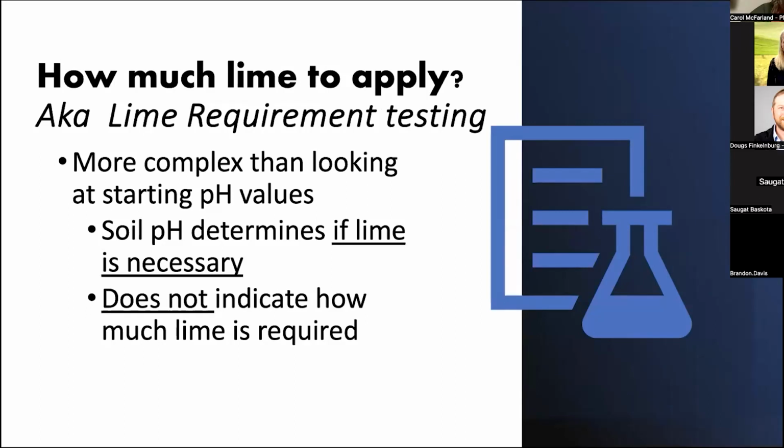So that question, how much lime to apply, led me down a whole new rabbit hole that is called lime requirement testing. So this is more complex than looking at starting pH values. I'll show you some figures of that a little bit farther down the line. But I will say that soil pH determines if lime is necessary, but it does not indicate how much lime is required unless you combine it with some other soil test variables and do some math.